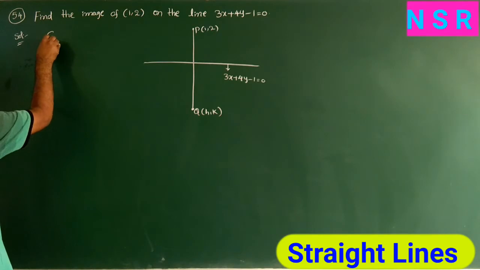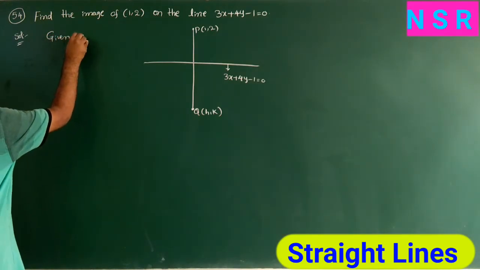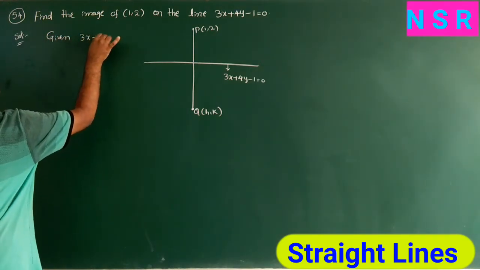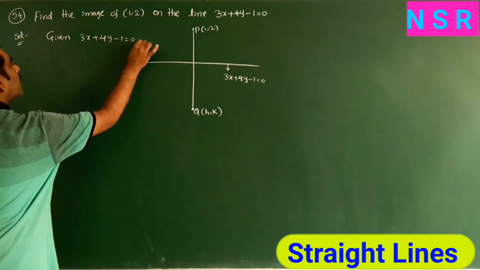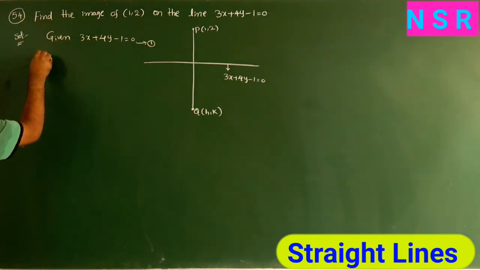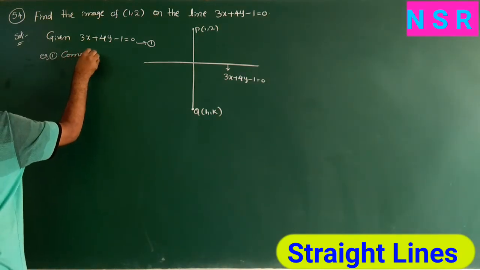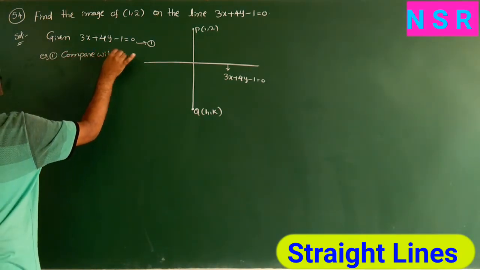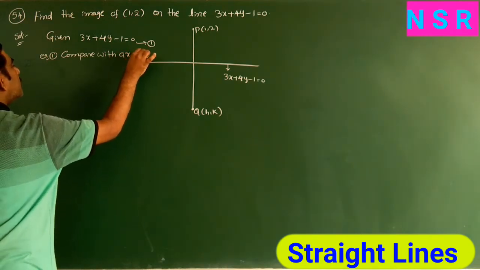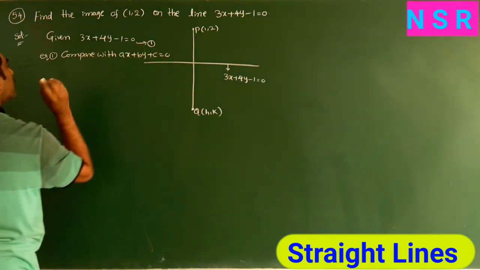So here given line 3x plus 4y minus 1 equal to 0, take it as equation number 1. Equation 1 compare with ax plus by plus c equal to 0.